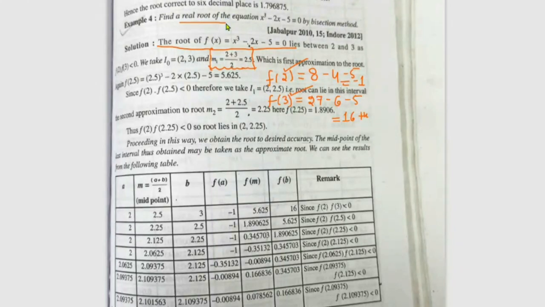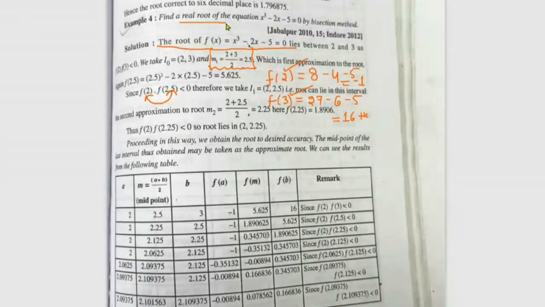Now check the function value for 2.5. If you put f of 2.5 here, you will get a positive value, 5.625. So f of 2 was negative, but f of 2.5 is positive. It means the root is lying between 2 and 2.5.